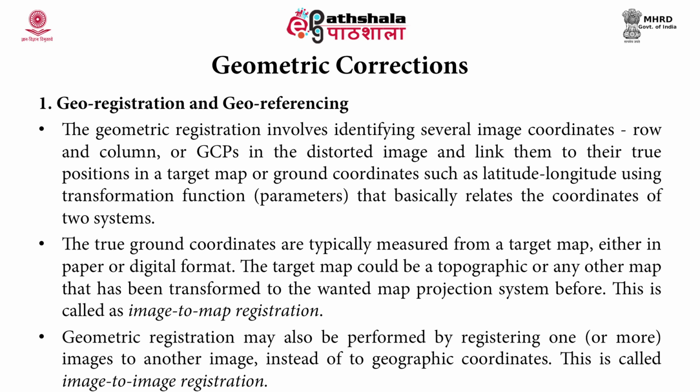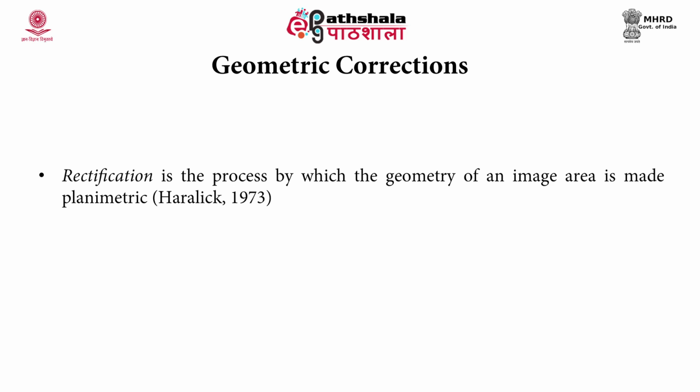Geometric registration may also be performed by registering one or more images to another image instead of to geographic coordinates. This is called image to image registration. So, rectification is the process by which the geometry of an image area is made planimetric.